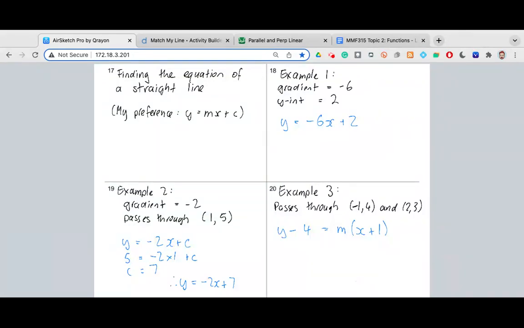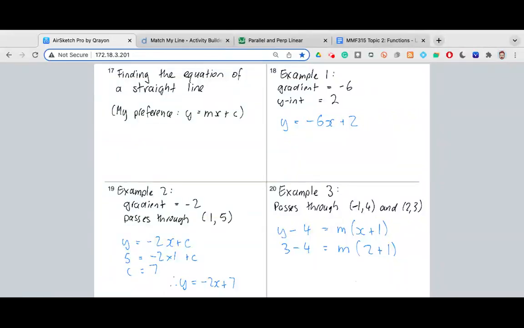Okay, now I can basically substitute in the other point, which is (2, 3). So that would be 3 minus 4 equals m outside of 2 plus 1. From here, I hope you can see, this is basically x2 minus x1, and this is basically y2 minus y1. So it's actually the gradient formula, but I've just come at it from a different equation, that's all.